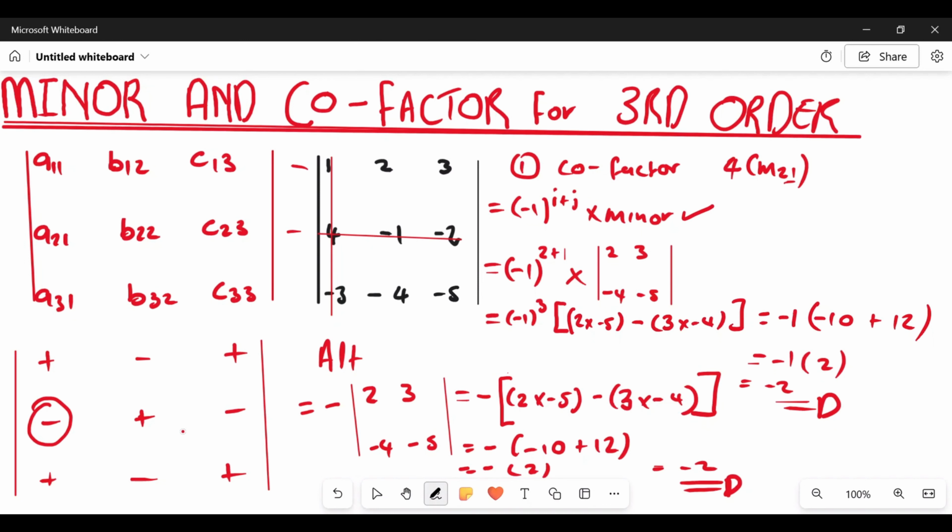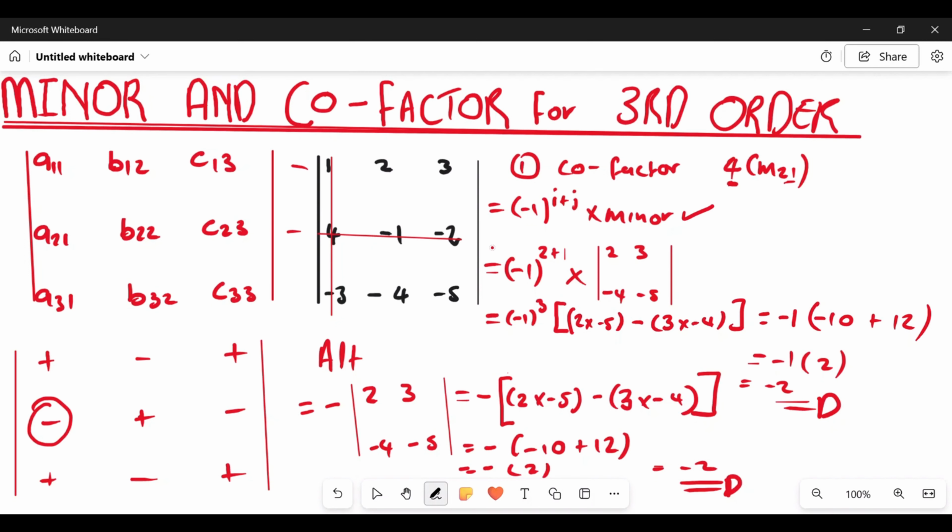But if you decide to use this method where we use the signs, do not forget that the first entry is positive, and then the rest just alternate: positive, negative, positive, negative, until you get to the last one. And let us not forget to erase the row and the column of the entry that you're looking for the cofactor of. All right, guys, we are done with this question here.